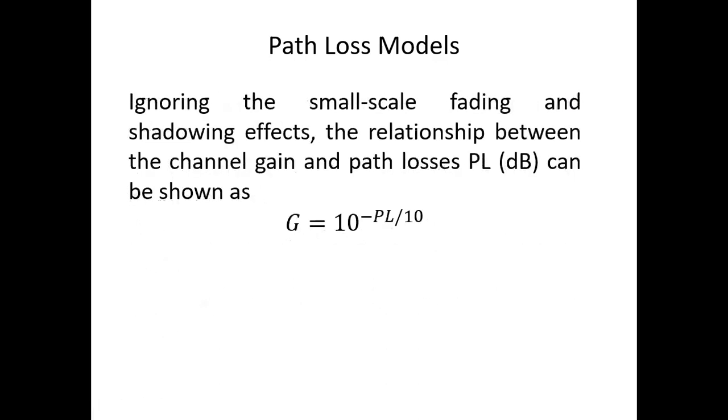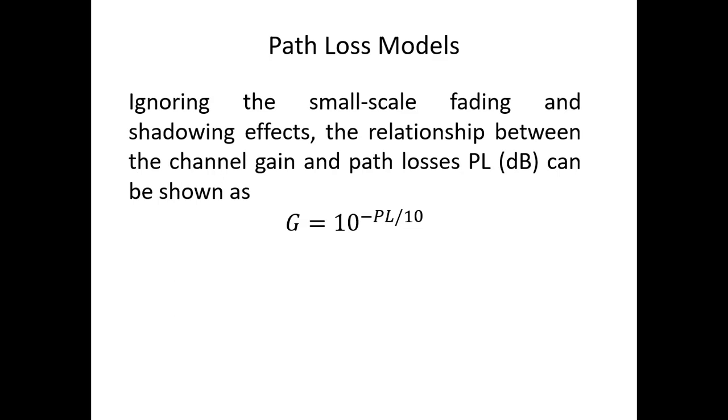But if we use ordinary unit, then for minus PL, what do you need to do? For this conversion from dB to ordinary unit, we know that we first divide by 10 and then we put the value as a power of 10. So we have minus PL, divided by 10, and put as the power of 10. This is your G representing path loss. Now this G does not represent antenna gain.